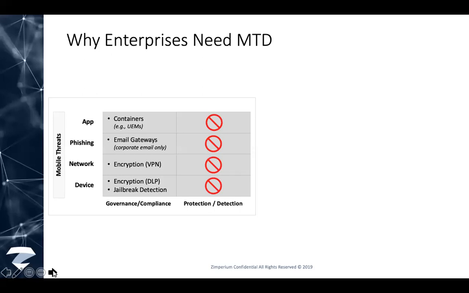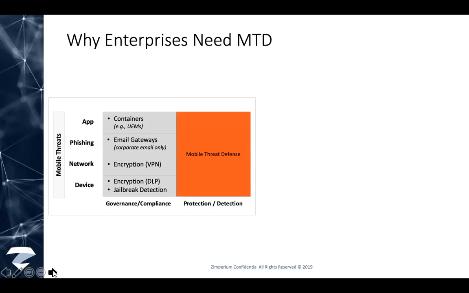So the traditional corporate phishing solution, for instance, doesn't cover the mobile side except for the corporate email only, and then you've got containers. So because there was nothing to actively detect those 4 attack vectors, that's why Zimperium was formed. That's why Gartner has now referred to this market space as mobile threat defense.